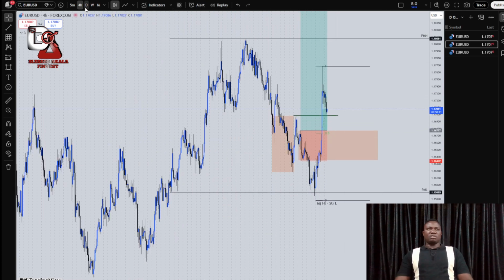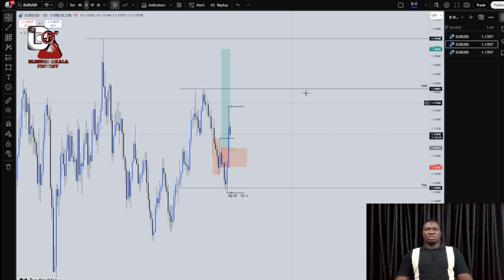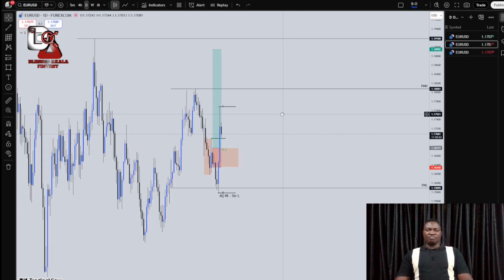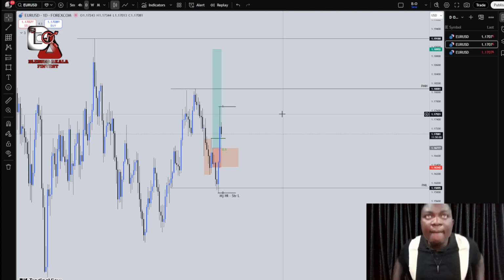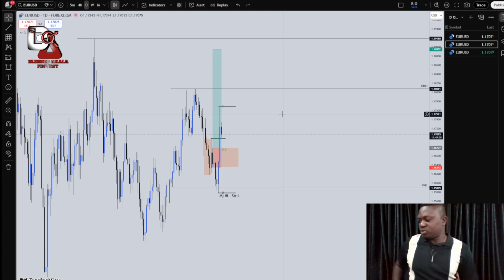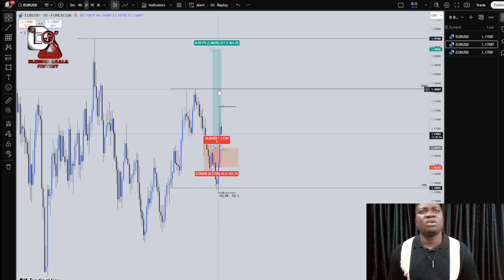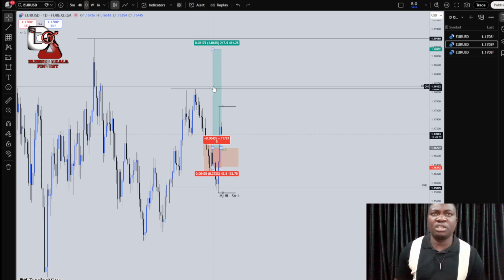And let's try to see where it stops. Okay, so our previous yearly high, we can be anticipating that level to be taken out. So we're going to be picking it from this level here.